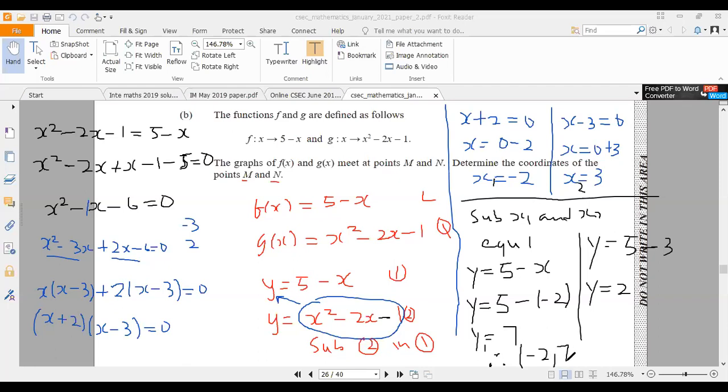Everybody see that? Then when x is equal to 3, y is equal to what? That is so beautiful. Am I right?